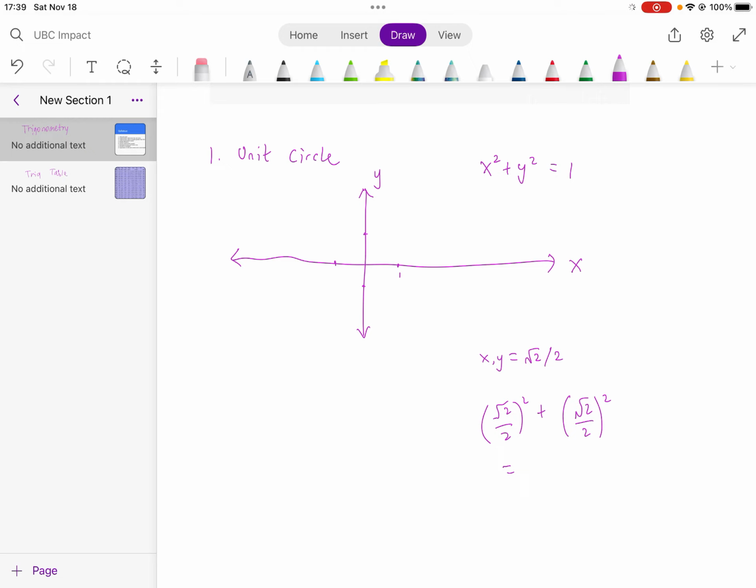So square root of 2 to the power of 2 is just 2. 2 to the power of 2 is 4. If you add these two fractions, you get 4 out of 4, and that's equal to 1, which means that this point also works.